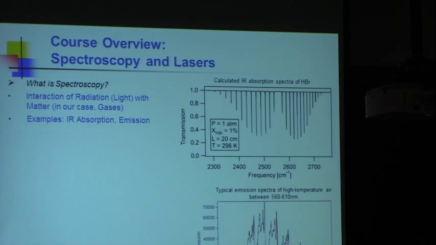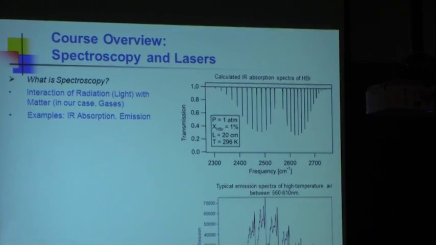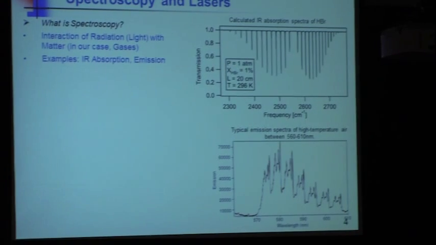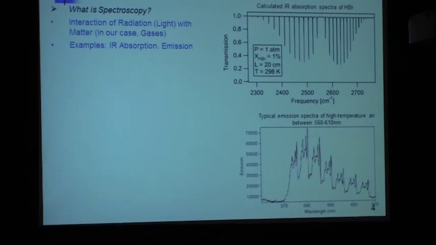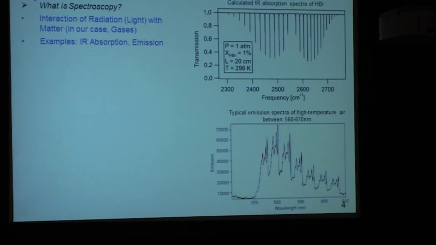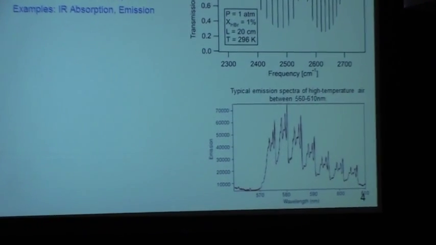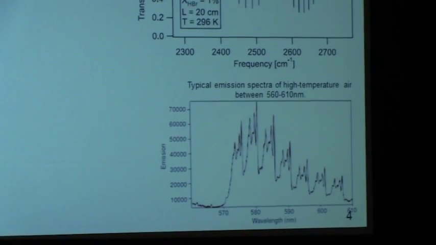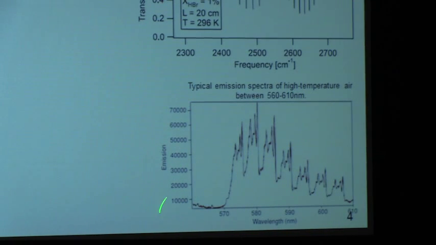Now we're going to look at emission, and this is an example of an emission spectrum taken in my laboratory course about every year, looking at the emission from high temperature air. We might heat some air by plasma or combustion and look at this spectrum. This is emission in the vertical direction versus wavelength in nanometers. And again, what do you see? There's a pattern of features.